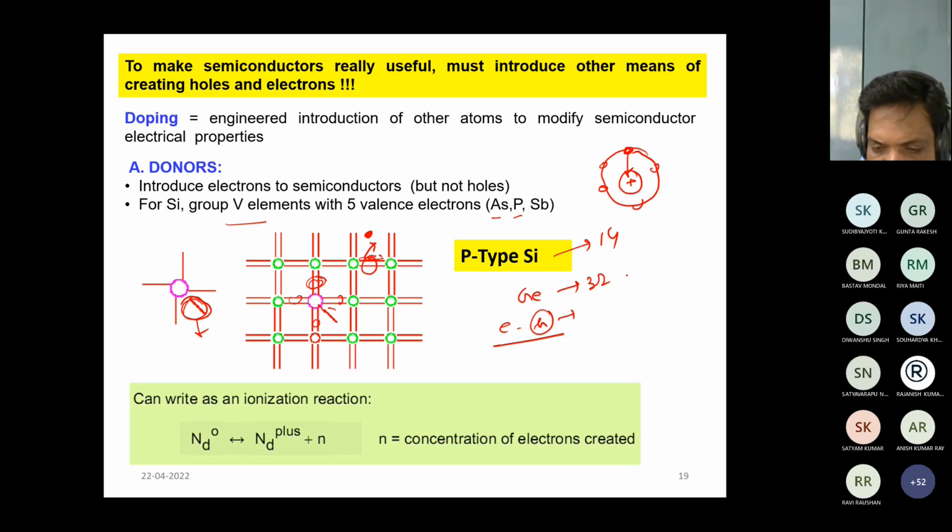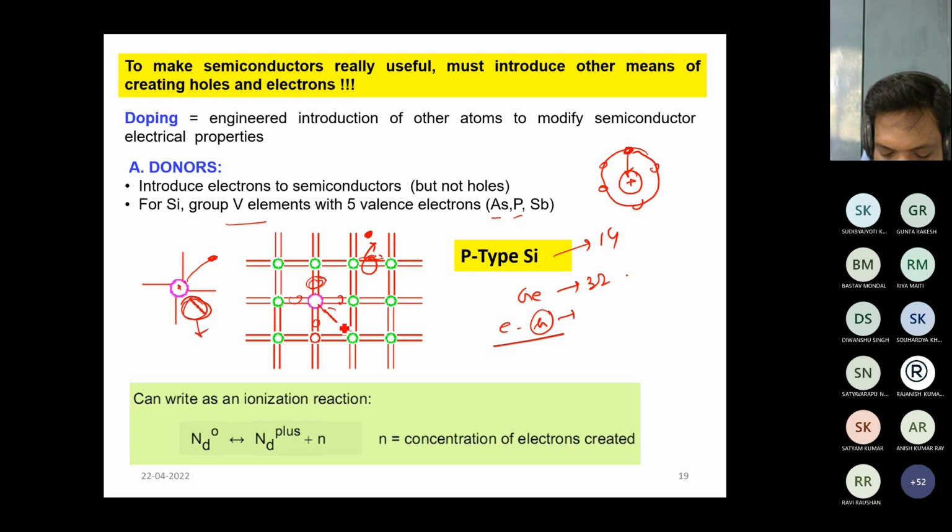That's why with small external energy we can break this Coulombic force, and now this electron is emitted from this atom. Whenever it is emitted, the atom effectively becomes positively ionized, and now it provides free carriers.